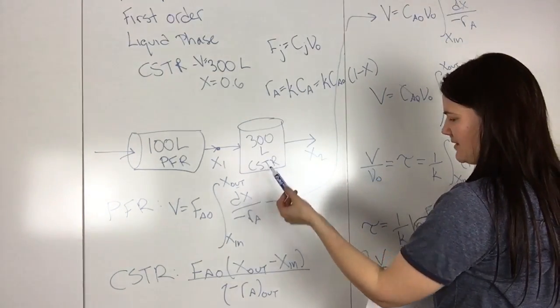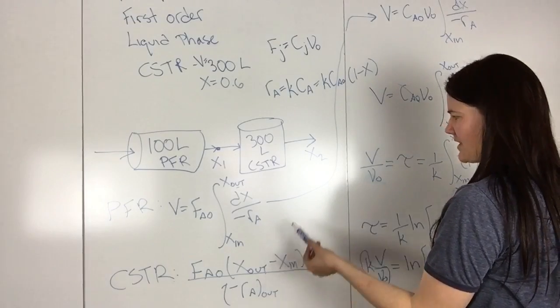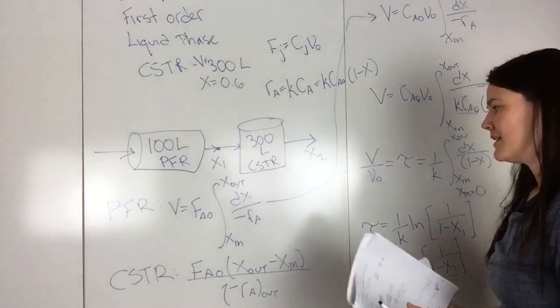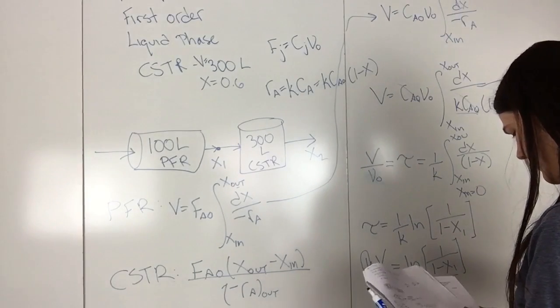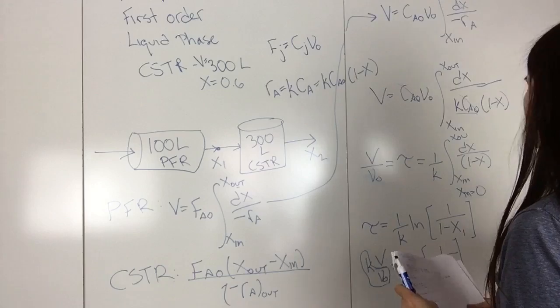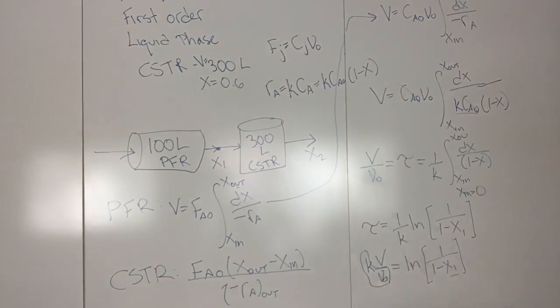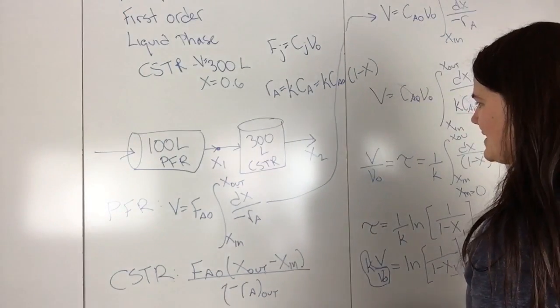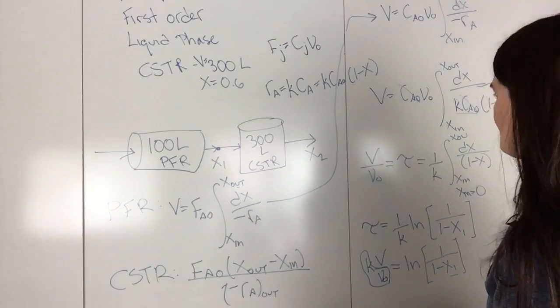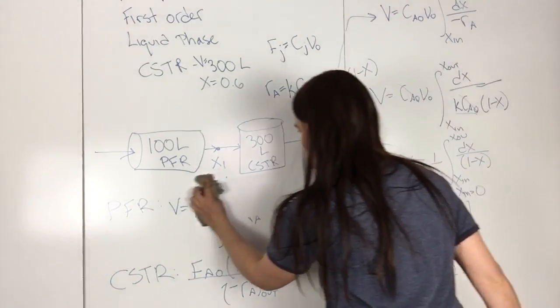So we should be able to solve the CSTR equation and figure out what K over V naught is. So I'm going to go ahead and do that. I'm going to have to erase these equations.